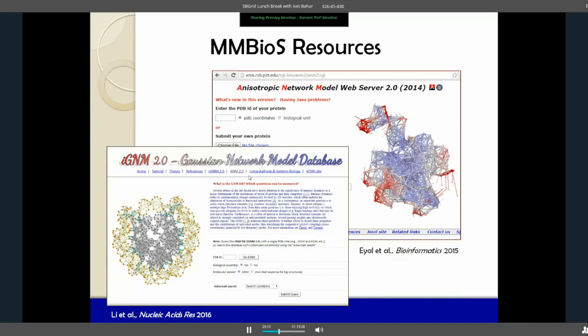In this case, about 95% of the PDB structures are stored in the database, including the largest ones.